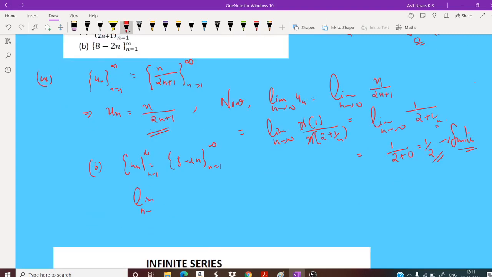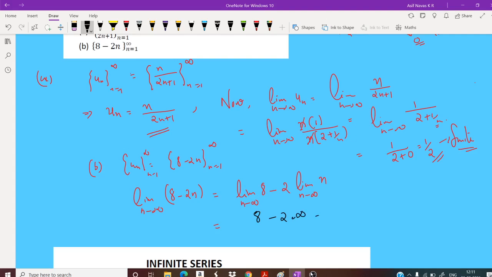So the limit as n tends to infinity of 8 minus 2n is equal to the limit as n tends to infinity of 8, minus 2 times the limit as n tends to infinity of n. What is the limit of 8? It is 8 itself, because it's a constant. Minus 2 times, what is the limit as n tends to infinity of n? It is infinity, right?